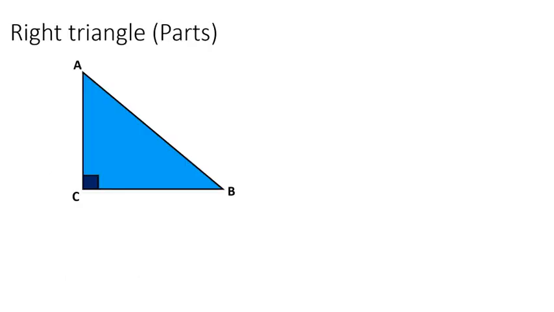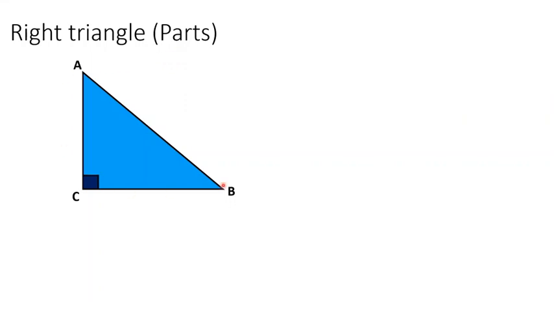We have here a right triangle, and this is a preliminary topic. Before we proceed to the actual topic, which is trigonometric ratio, we are going to identify first the parts of a right triangle. The parts that we're going to talk about will be with respect to our topic, the trigonometric ratio.